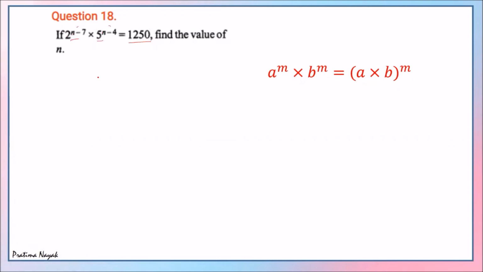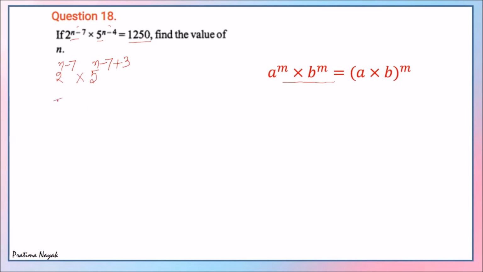So now neither the base is the same nor the exponent is the same. So we have to convert this into the same exponent so that I can multiply 2 into 5 to get 10 and apply this rule. So what I am doing, I write 2 to the power n minus 7 multiplied by 5 to the power n minus 7 plus 3. Now the question is, why don't we change this 2?